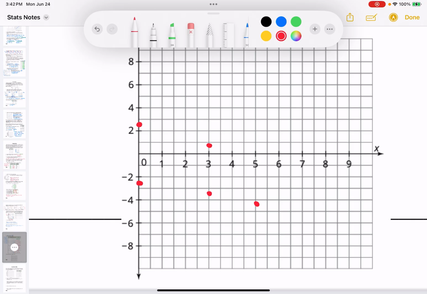For 2, we had 5.6. For 10, we had 3.4. For 6, we had a negative 4.